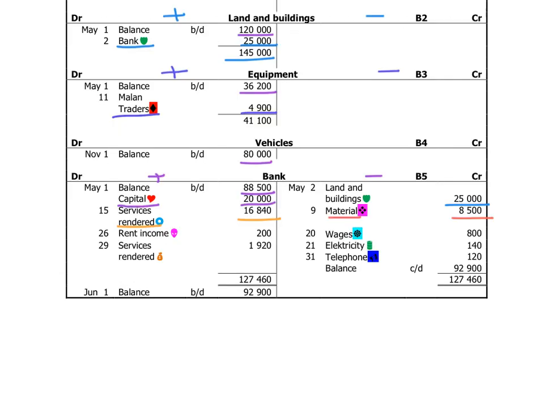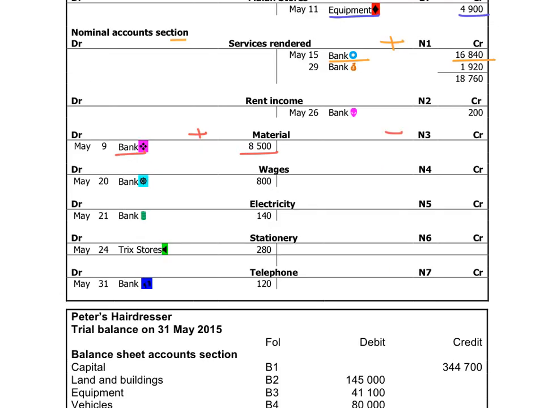The bank account will be credited with the 800 to decrease the money in the bank, and the wages account will be debited. Wages is an expense. Expenses increase on the debit side and decrease on the credit side. So the expense is increased with 800 on the debit side, bank account credited.